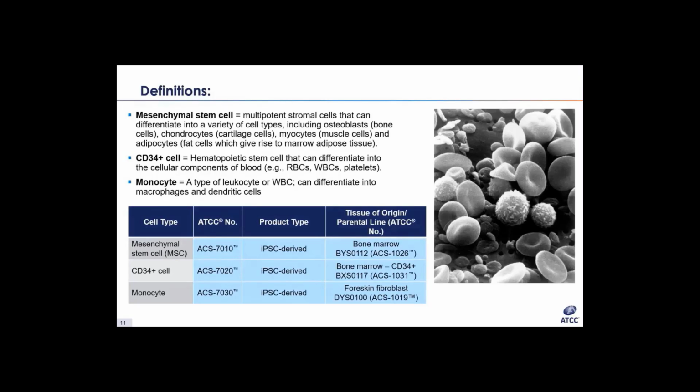Next, we have CD34 positive cells. These are hematopoietic stem cells that can differentiate into the cellular components of blood. For example, erythrocytes, or red blood cells, leukocytes, or white blood cells, and platelets. Finally, we have monocytes. Monocytes are a type of leukocyte that can differentiate further into macrophages and dendritic cells.